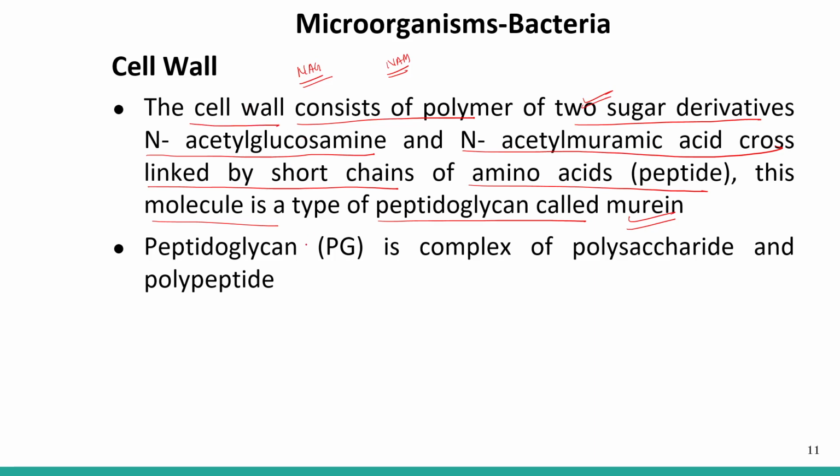Now this peptidoglycan joins the chains, forming a short chain-like structure of amino acids. The peptidoglycan called murein is a complex of a polysaccharide and polypeptide. So these are the complex structure of polysaccharide and polypeptide. That is the peptidoglycan.